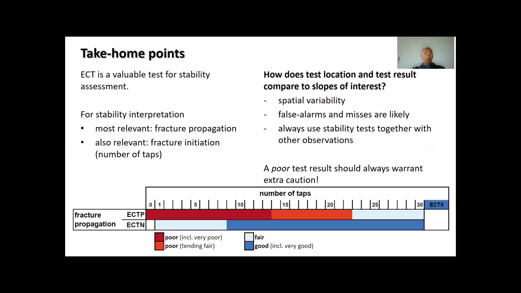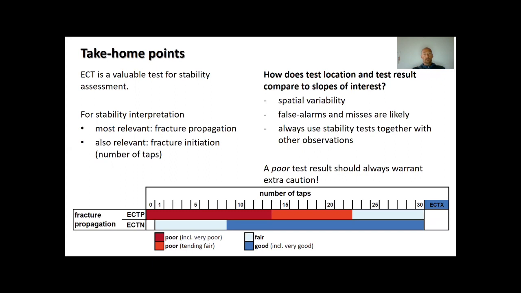So what you can take home from this short presentation is a couple of things. Firstly, the ECT clearly is a valuable test for stability assessment. The most relevant piece of information which we can extract from an ECT result is the fracture propagation.